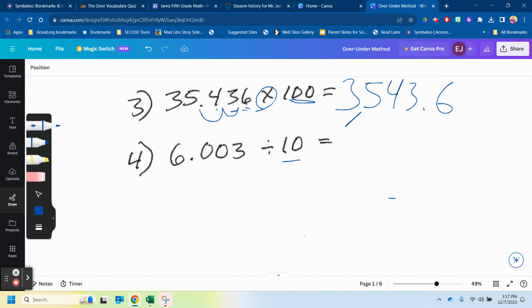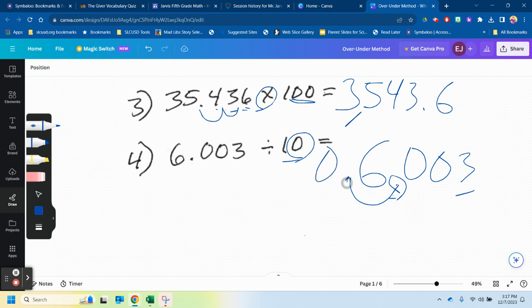When we divide, it's the opposite. We make the number smaller. This one's a little tricky: 6.003, which is 6 and 3 thousandths. When I divide, I move the decimal point 1 place, the number of zeros I have, to the left. So I need to write a 0 here and add a decimal point. This would make it 0.6003, ten thousandths.